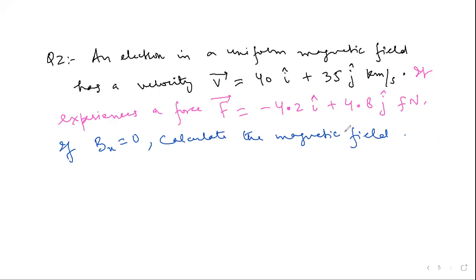And you know 1 kilometer is 1000 meters, and 1 femtonewton is 10 raised power minus 15 Newton. Femto stands for 10 raised power minus 15. Right? So this is your homework.